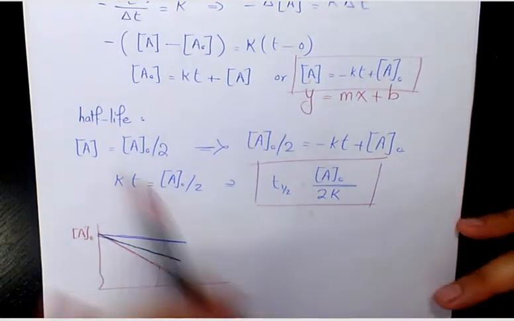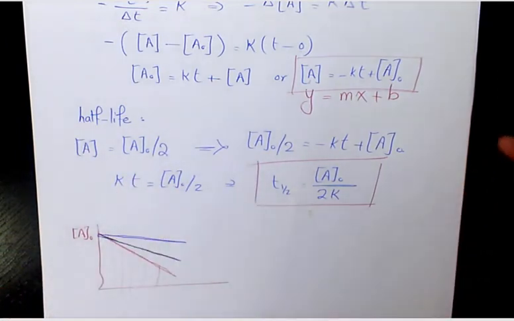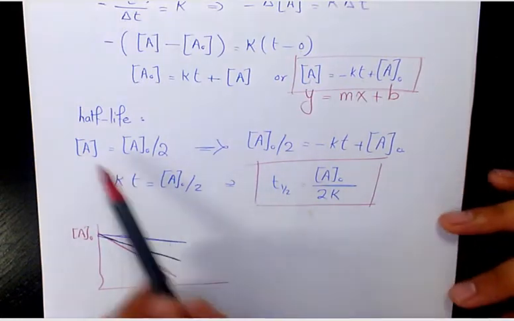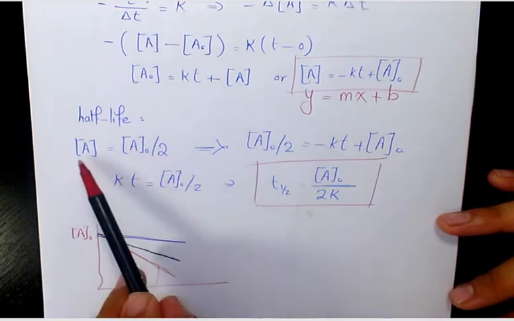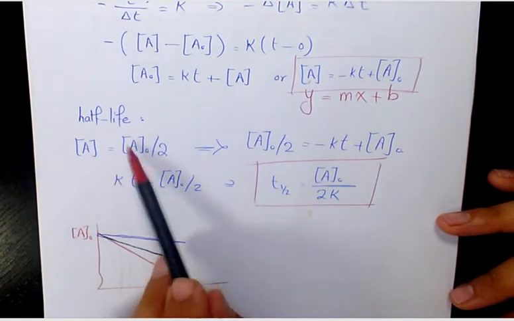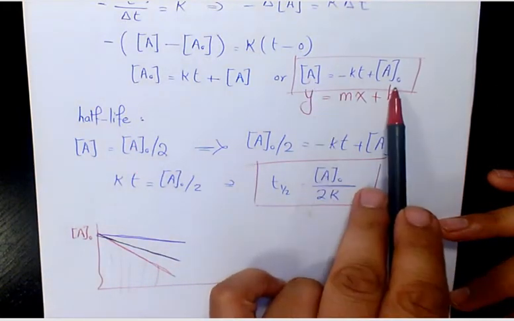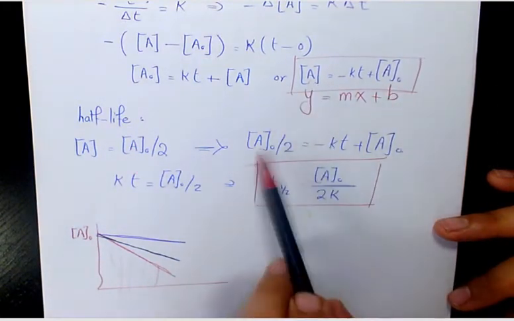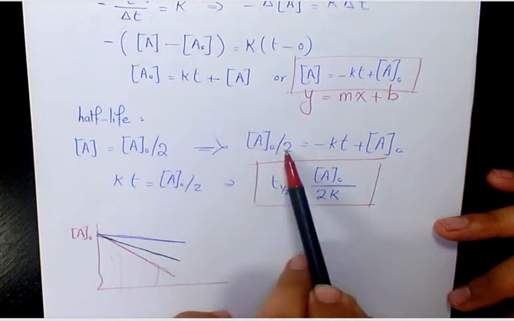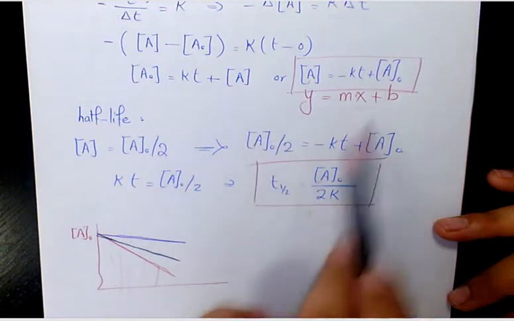Alright, another concept is the half-life of zero order reaction. Half-life means the time required for the concentration to equal half the initial one. So the final concentration equals half of the initial concentration. When we substitute it into the integrated form, instead of A, I put half the initial concentration, and then we solve for time.